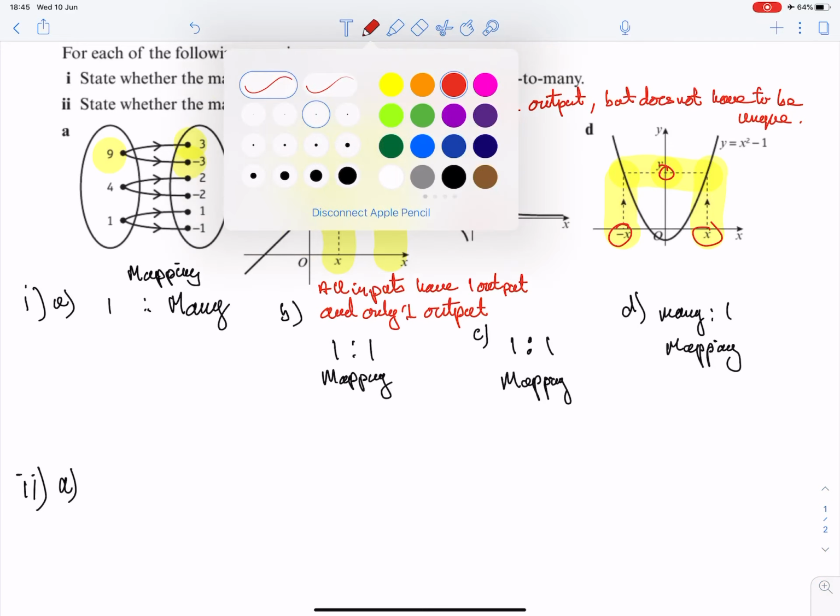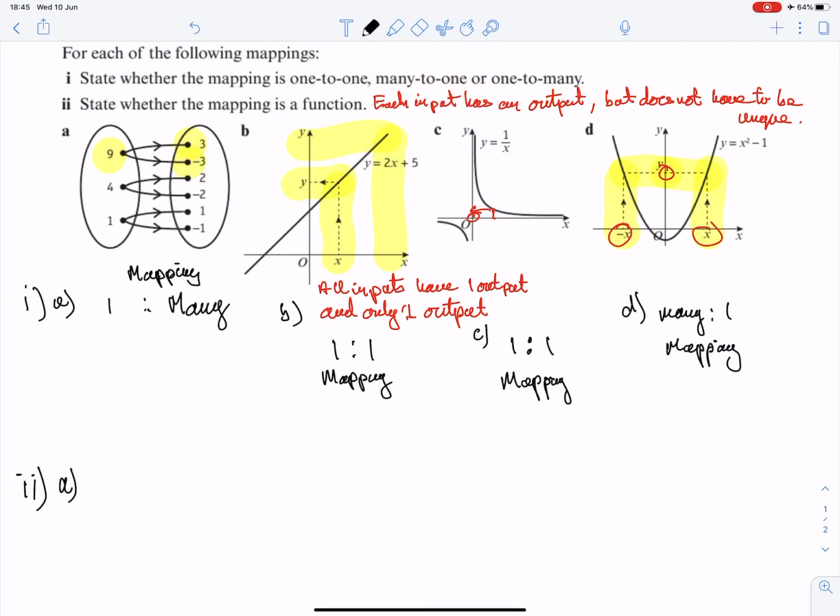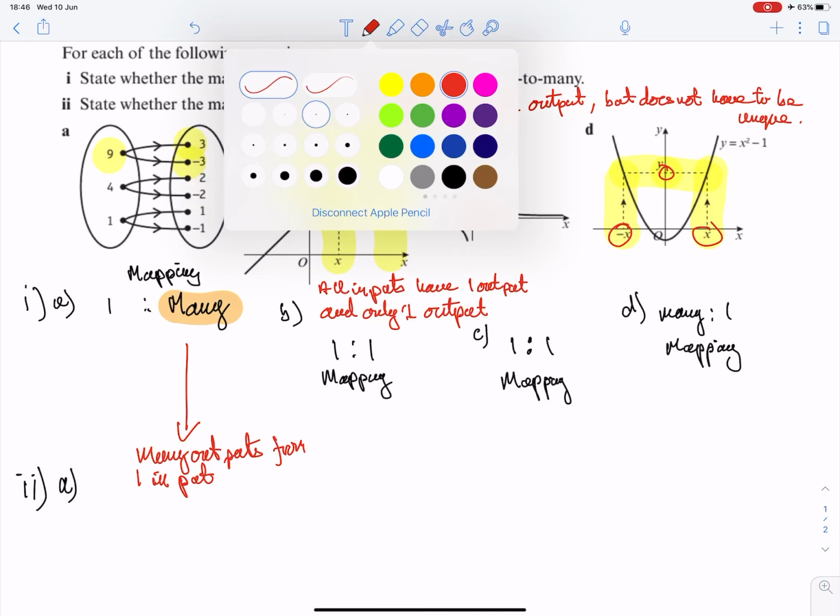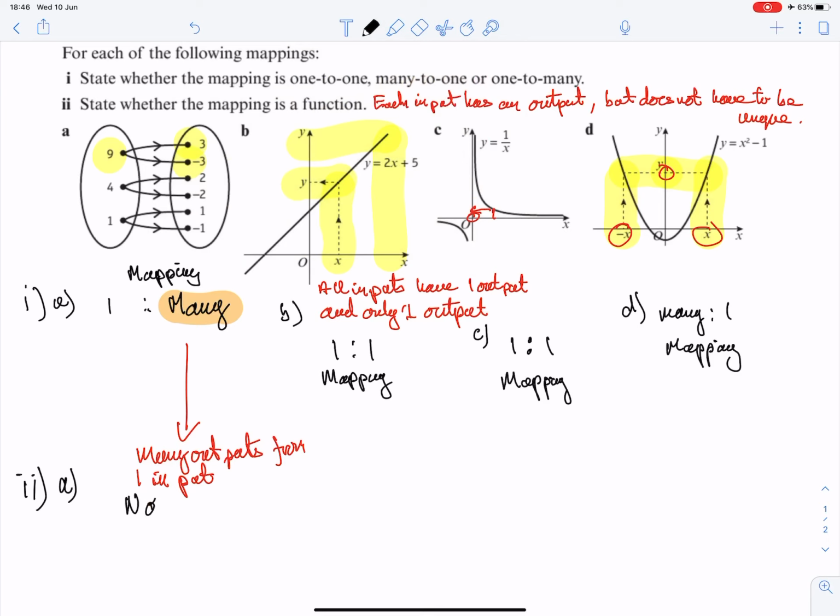So if we come down to these then, one by one, part A, one to many: because we have many outputs from one input, we conclude not a function.